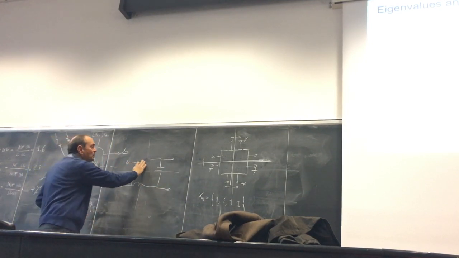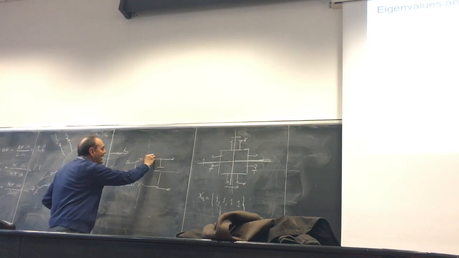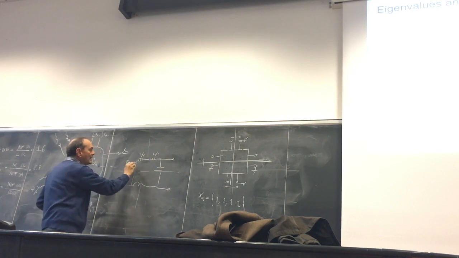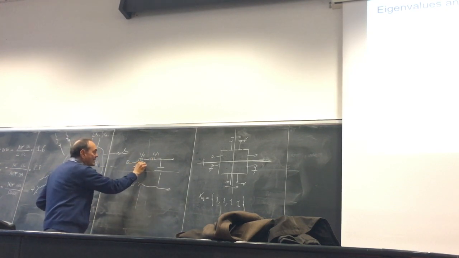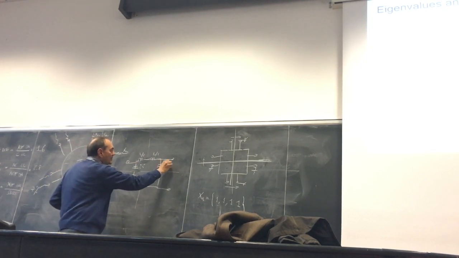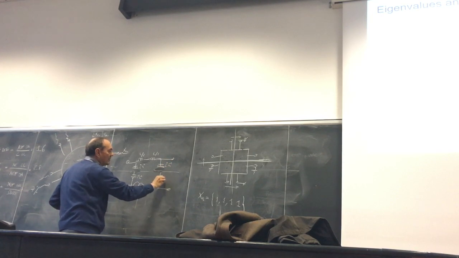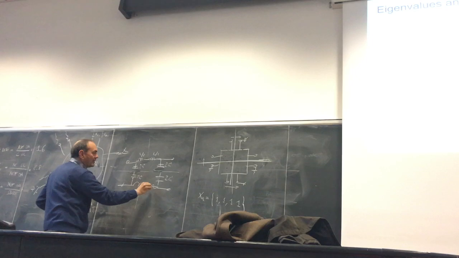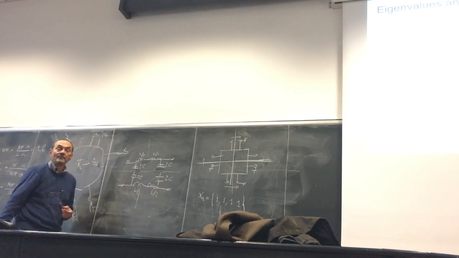So I can split this one into inductances, L divided 2, L divided 2. Here, two capacitances, 2C, 2C, and the same here, 2C and 2C here. And you have the same, L divided 2, L divided 2, okay?